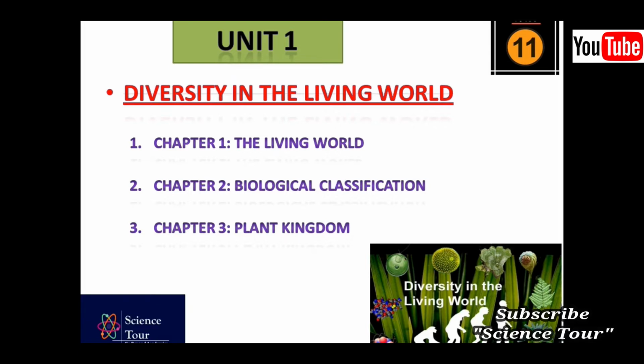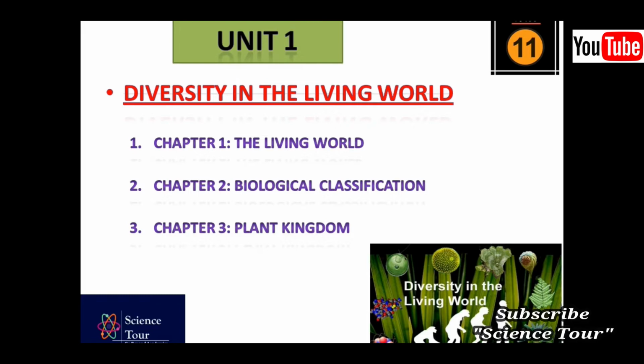So here we will study how to classify different living organisms, I mean the classification of living organisms, and the 5 kingdom system of classification like kingdom Monera, Protista, fungi, Plantae and Animalia. Then a brief account on viruses, viroids and lichens.